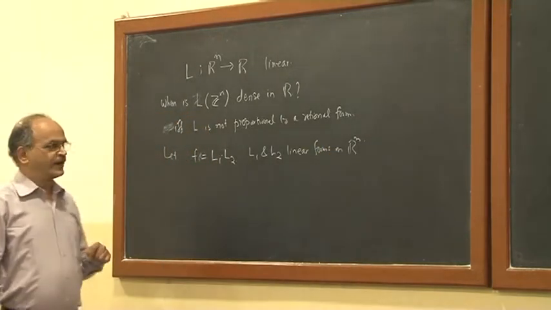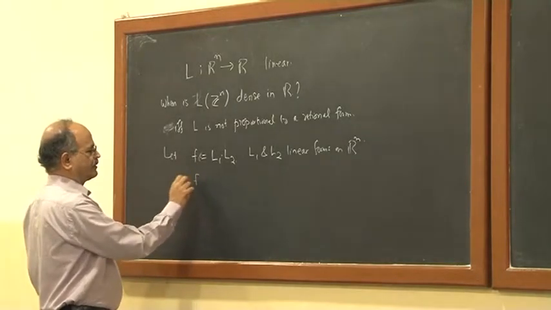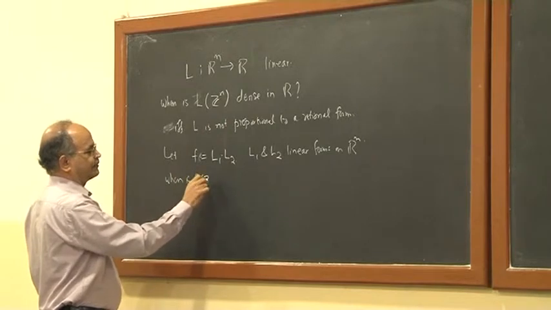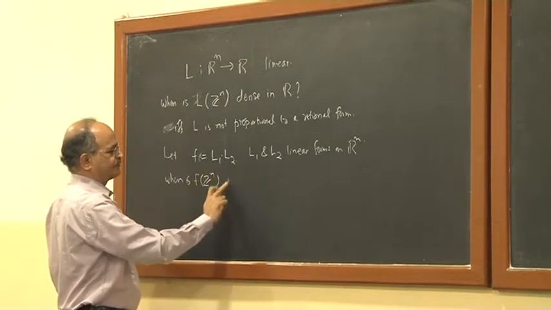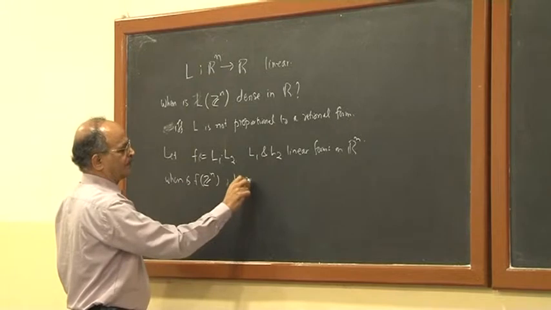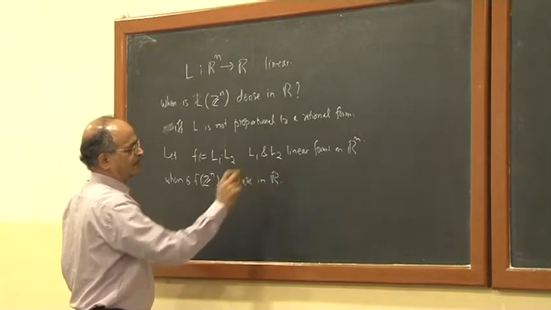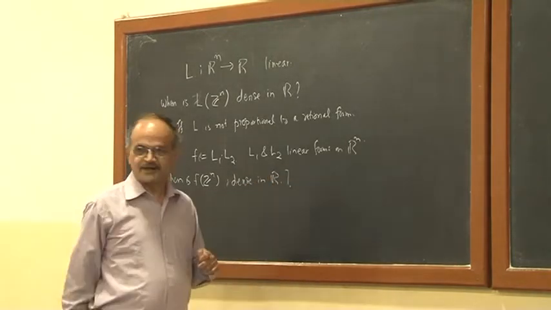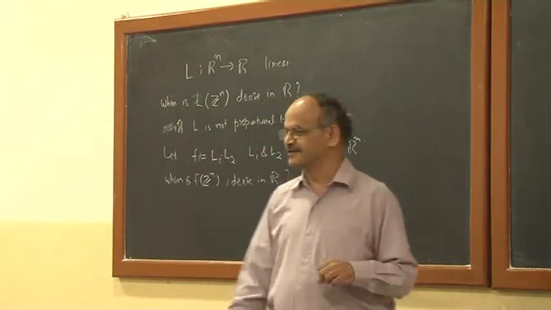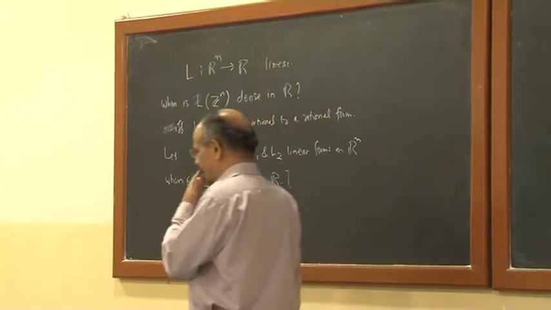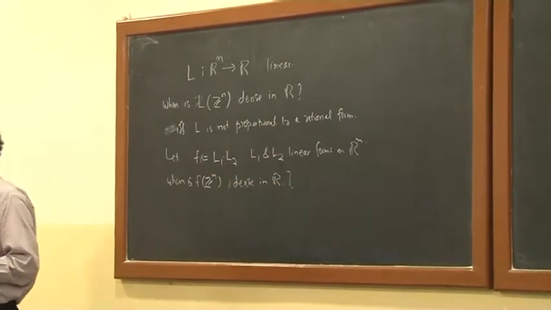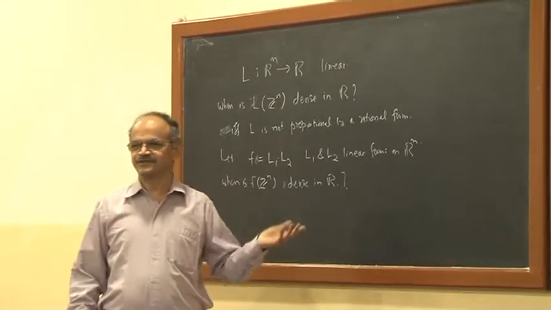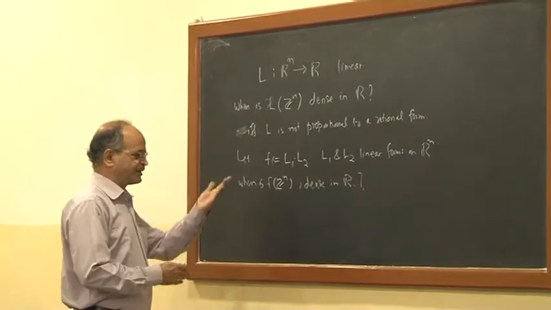We ask the same question: when is f of Z^n dense in R? Now, of course, this is a quadratic form, and the Oppenheim conjecture comes to your mind, and then suddenly you realize that it won't work because this is not non-degenerate.